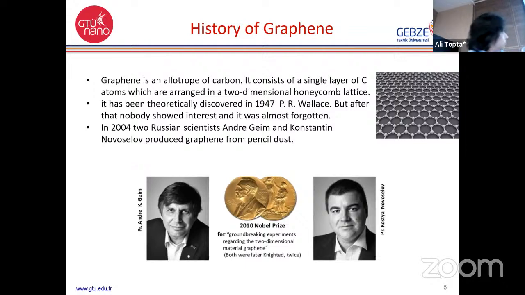It was actually discovered theoretically in the 1940s, but after that, Geim and Novoselov could obtain a few layers of graphene by mechanical exfoliation, which was simply taking graphite powder and applying Scotch tape on it constantly to reach a few layers.